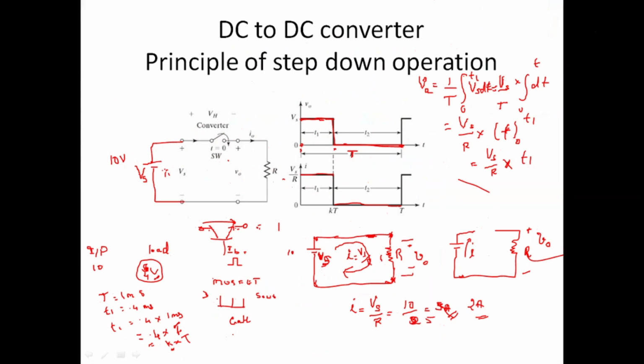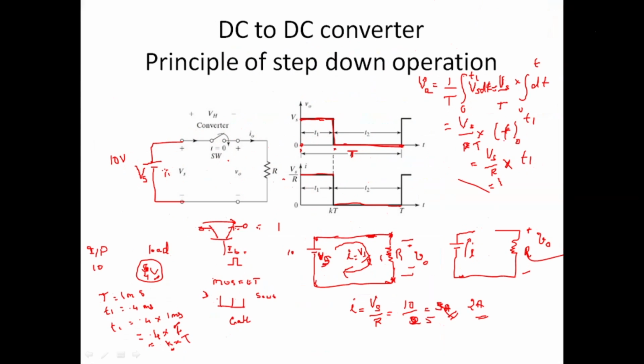Now, 0 to T1. There is one term we have left here, I think T. Where does R come in? R is not there, I will rewrite.